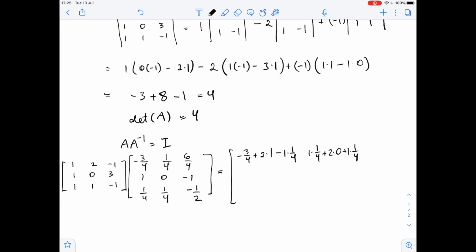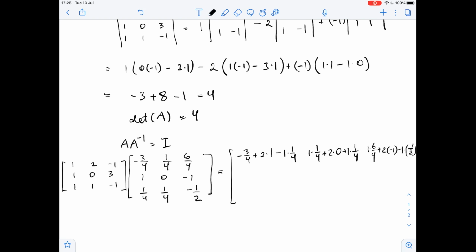And next entry is 1 times 6/4 plus 2 times negative 1 minus 1 times negative 1/2.